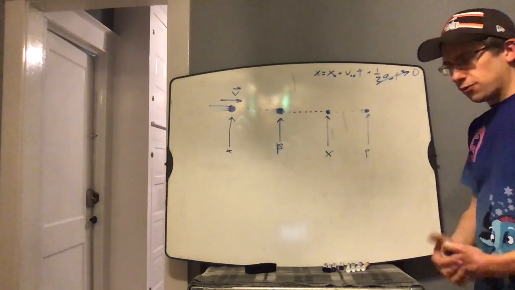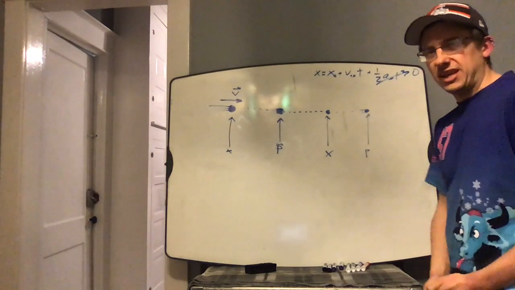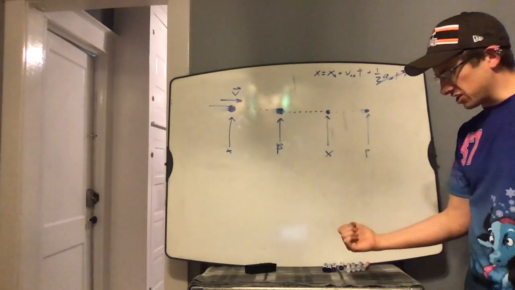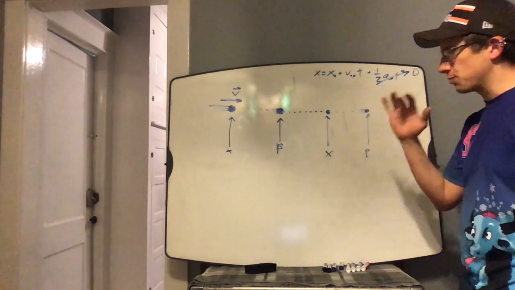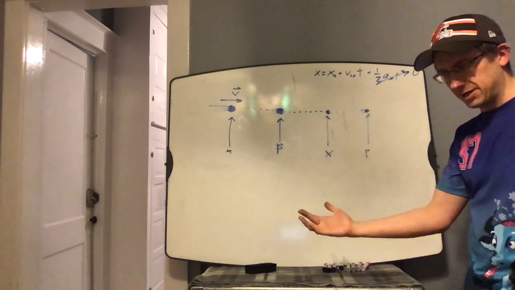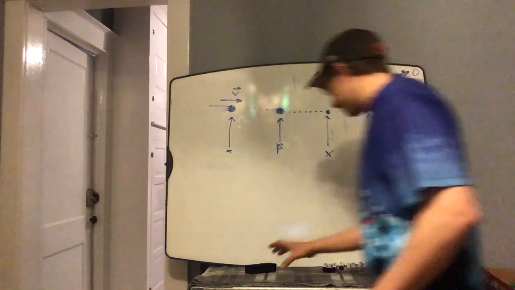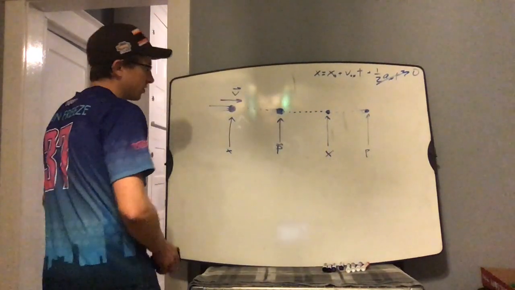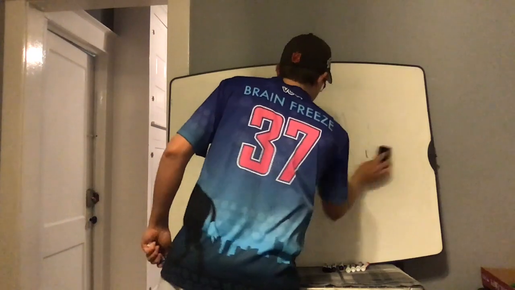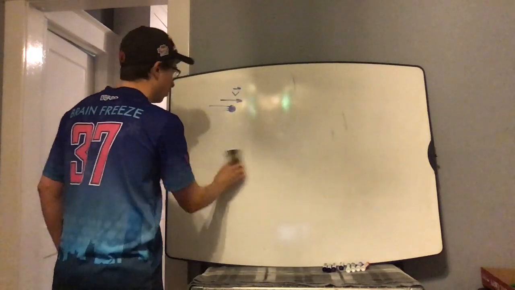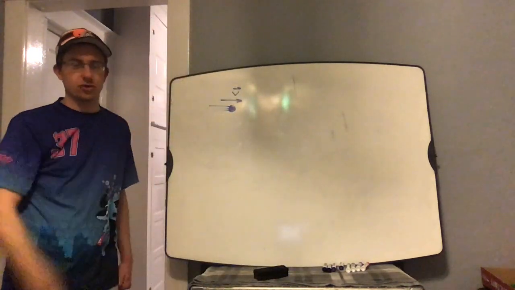Let's perform the same thought experiment, but in the realm of quantum mechanics. How would this thought experiment be different in the world of quantum mechanics? So I begin by saying I have a particle, and I know that particle is moving to the right.